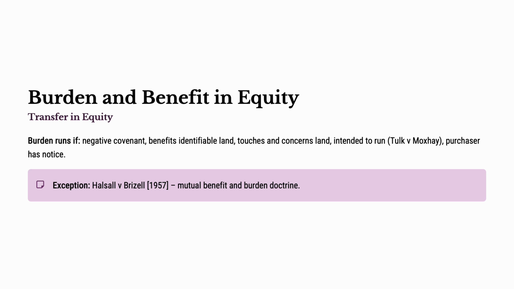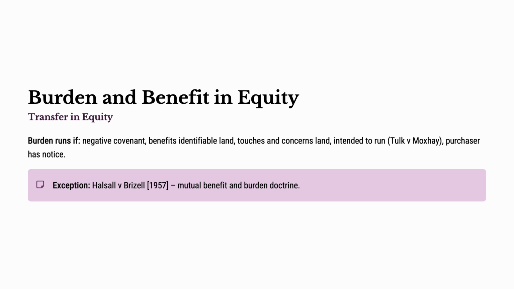Fifth, the last one, the purchaser of servient land must have had notice of the covenant. In modern registered land, this means the covenant must be registered as a notice or qualify as an overriding interest. In unregistered land, created after 1925, it must be registered as a Class D2 land charge.